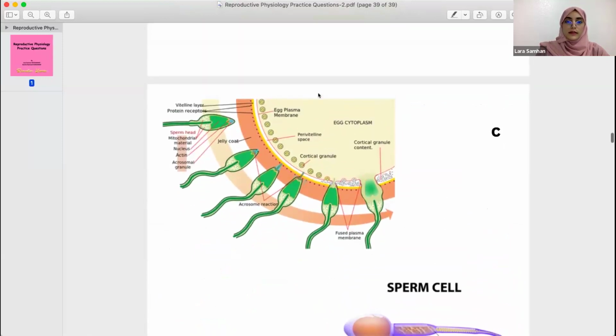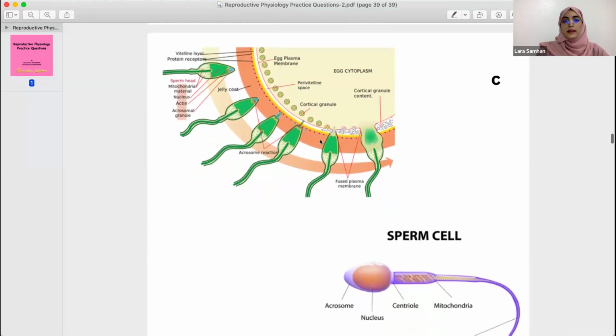As we can see in this picture, this is the egg or the oocyte, and we can see many sperms trying to penetrate. The sperm that hydrolyzes the zona pellucida faster, the stronger sperm, is the one that will succeed to be the first to penetrate the oocyte and aid in the fertilization.